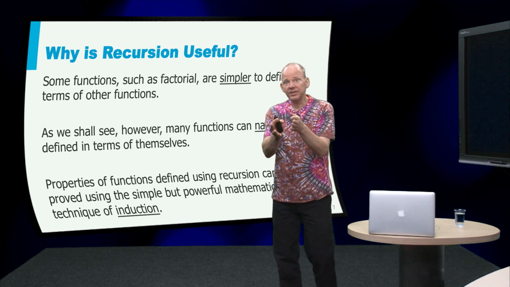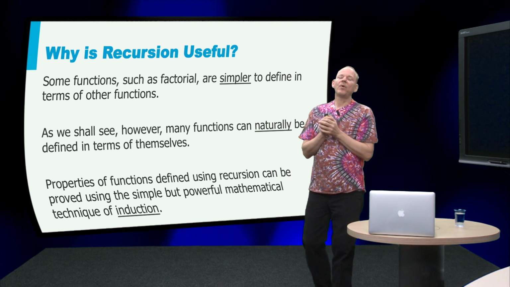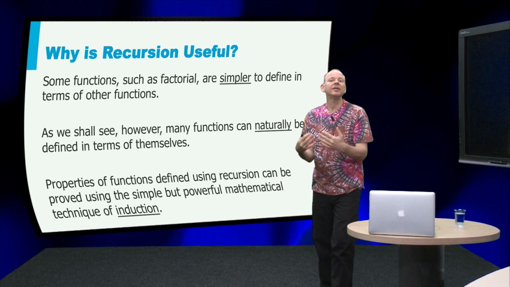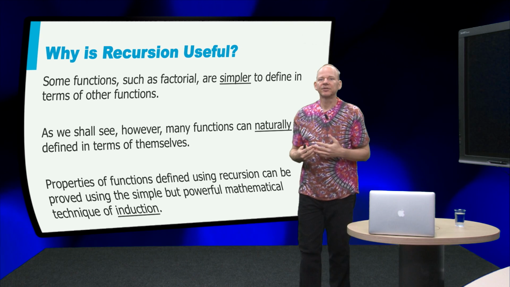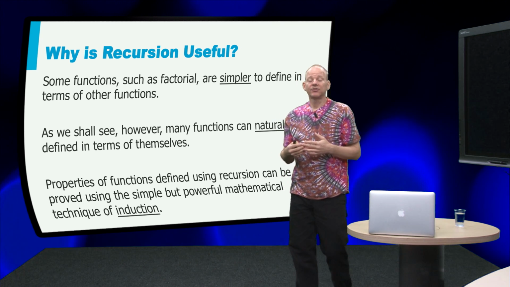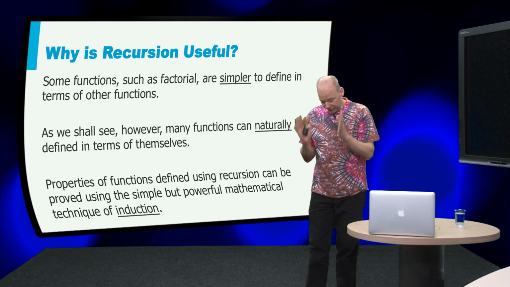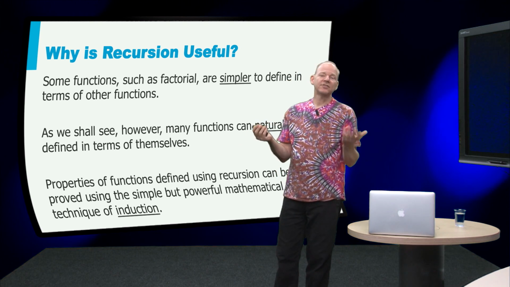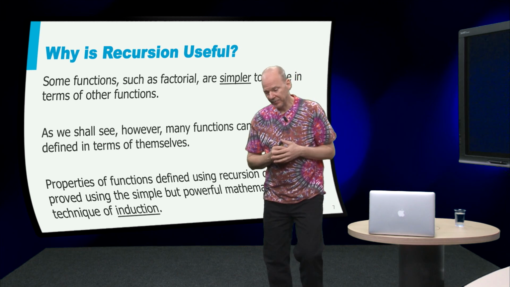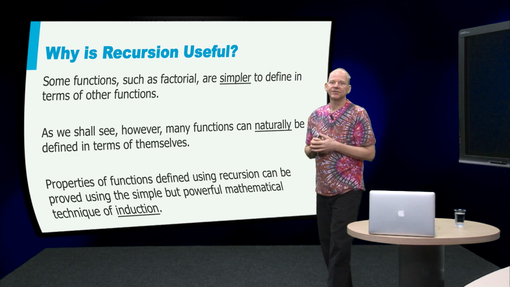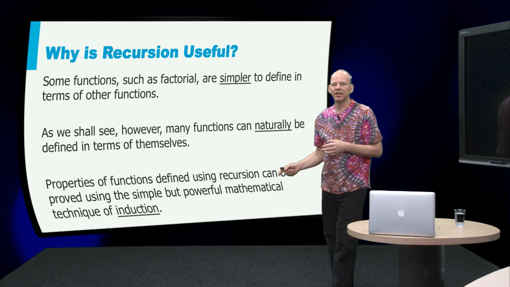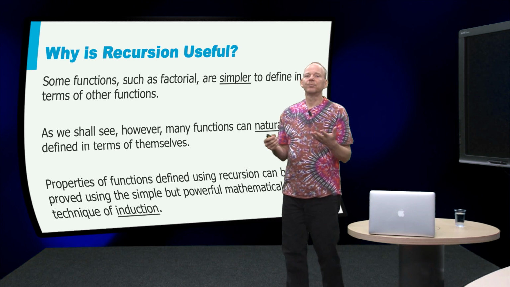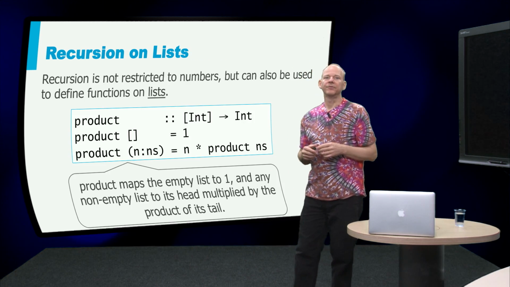In the end, you decide as a developer what is the most readable for other developers. So there's no strong answer on when or when not to use recursion. The code just has to be as clear as possible. But one advantage of recursion is that you can use induction to prove properties of your function.